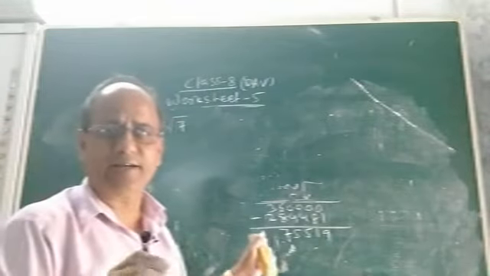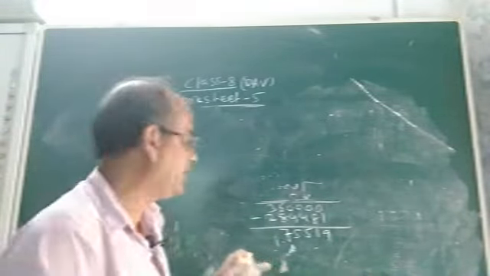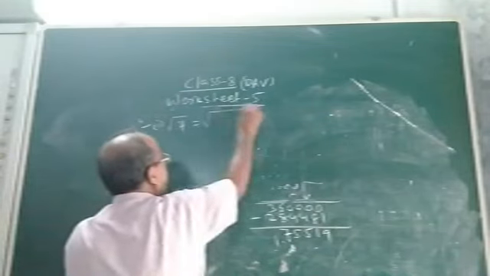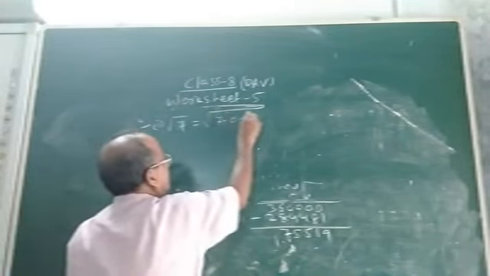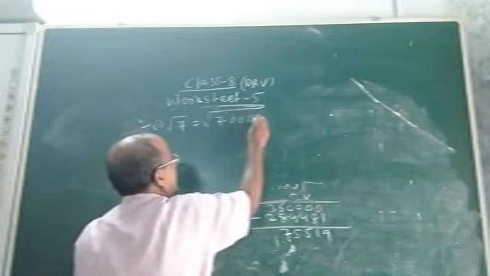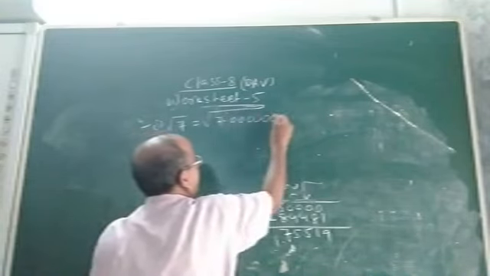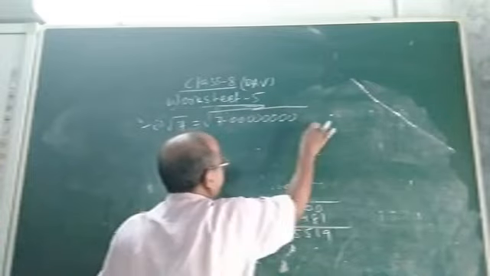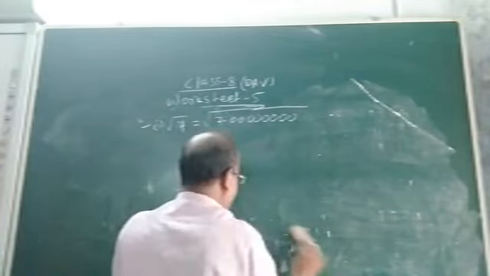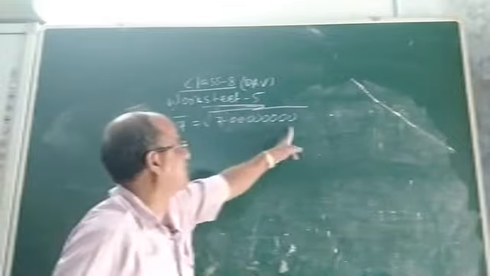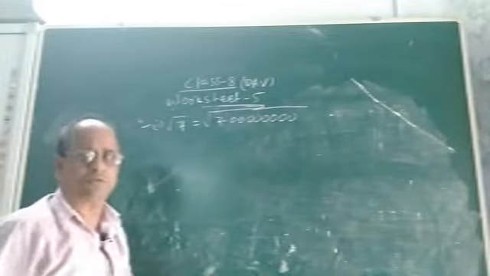And what will be those 8 digits? Definitely 0. So this root 7 can be written as square root of 7.00000000. Take 8 zeros after the decimal point. These zeros have no value, so this is also equal to square root of 7.